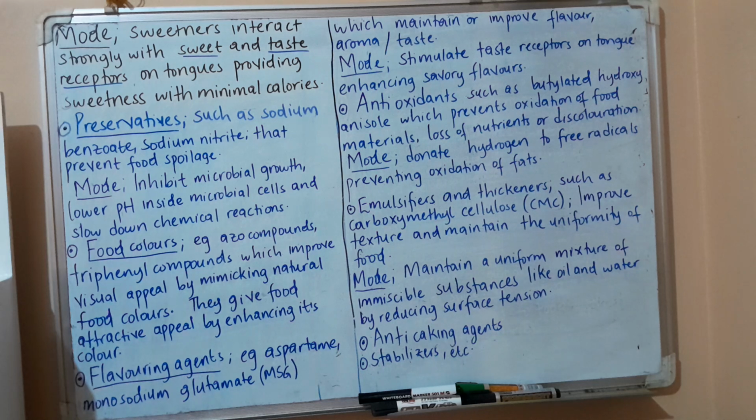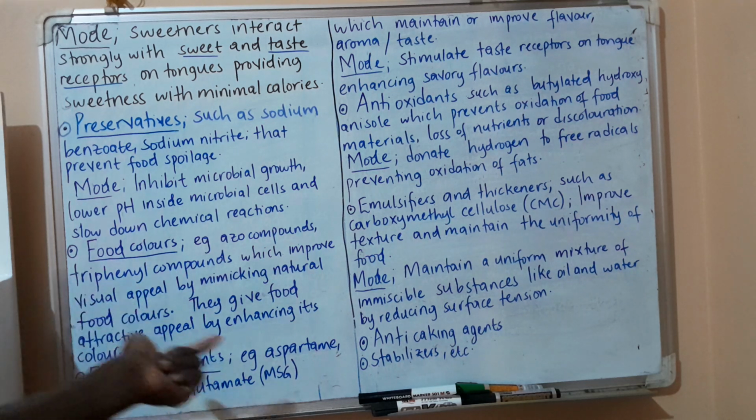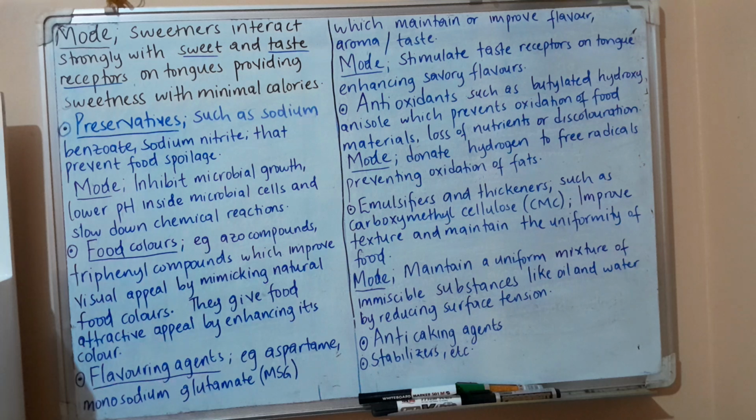They try to improve on these natural colors, they try to suppress them, or replace them, or change their visual appeal. That is the function of food colors, and that is their mode of action.